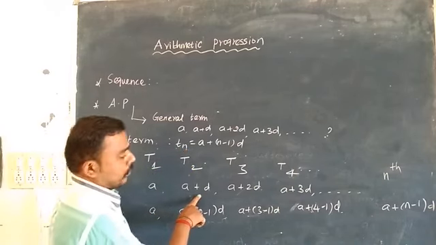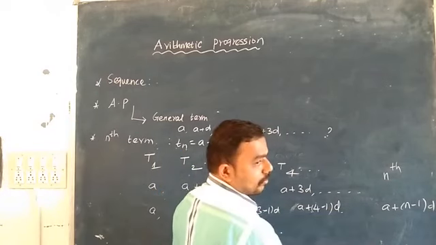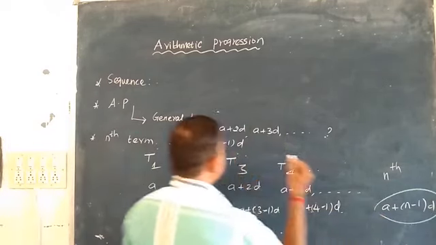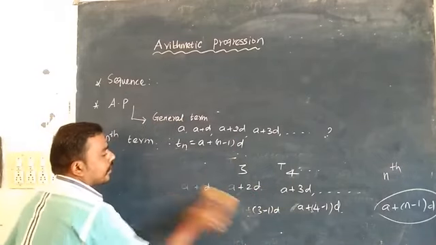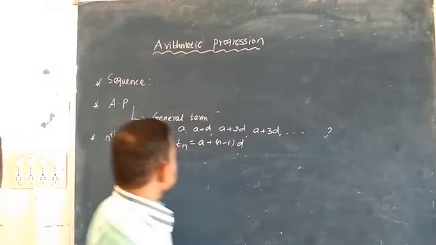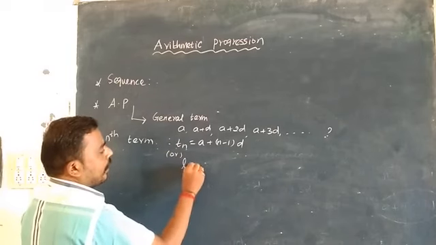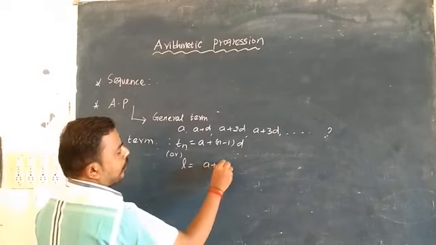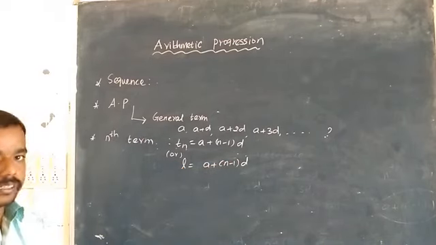You may think of the first number and the last number, so we can write the last term also as L. So here the name of the term is Tn, and we can write L equals the same thing, A plus (n minus 1) into D. This is the last term.